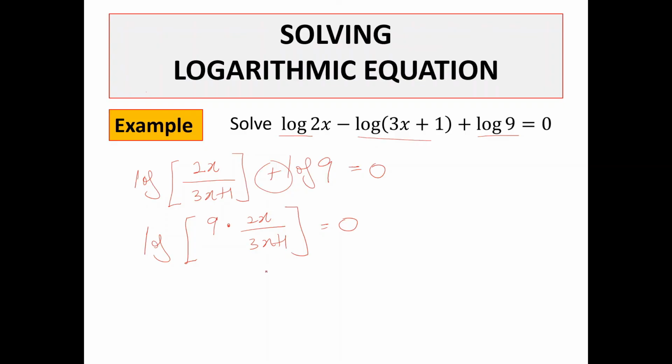We have learned in the properties that log 1 to any base will give us the value of 0. So we can say here everything in the bracket is equal to 1. This is because log 1 equals 0. Therefore 9 times 2x will be 18x over (3x plus 1), sorry, equal to 1.